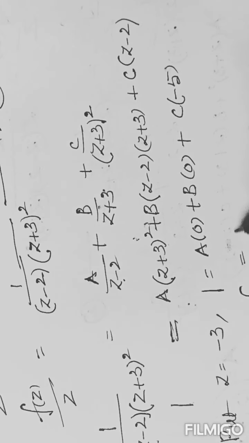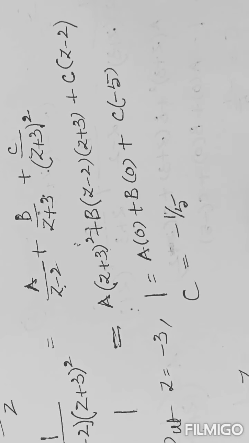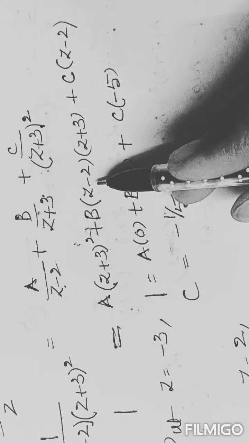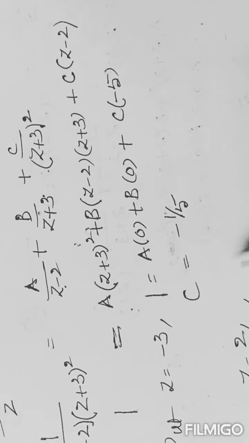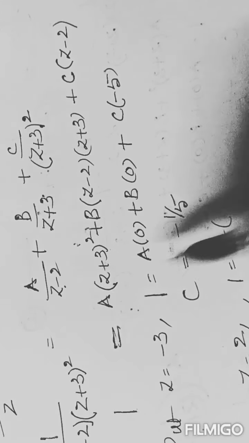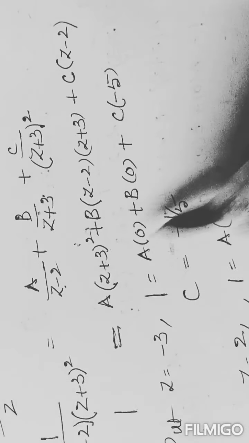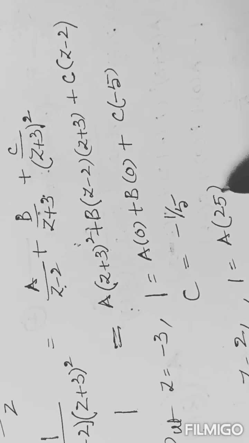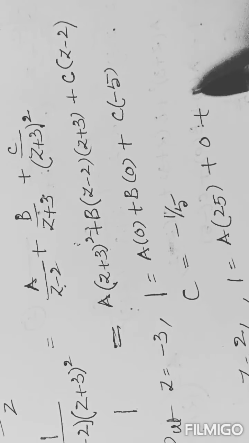So the constant C equals minus 1 by 5. Now put z equal to 2 from this factor. The left side is 1. A into (2 plus 3) whole square, that is 25. This is 0. This is also 0. A equals 1 by 25.